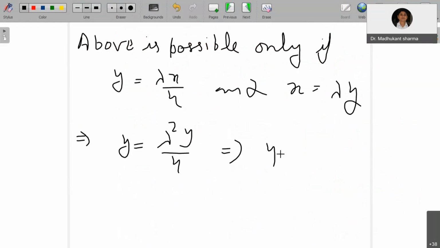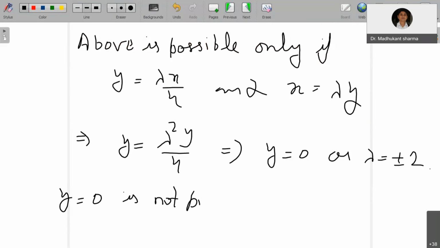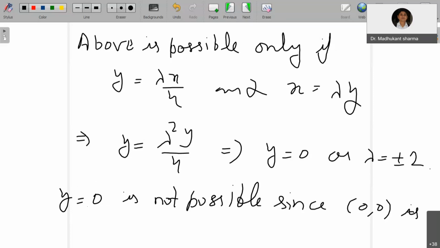This implies either y equals 0 or lambda equals plus minus 2. y equals 0 is not possible since (0, 0) does not lie on the given ellipse.